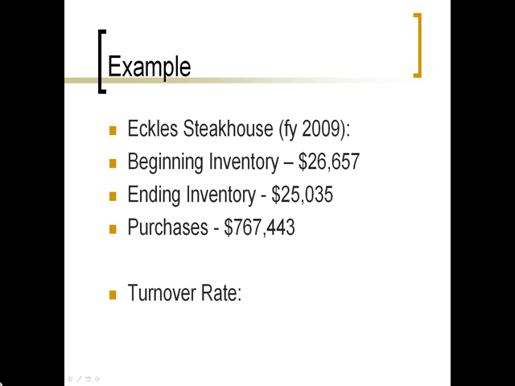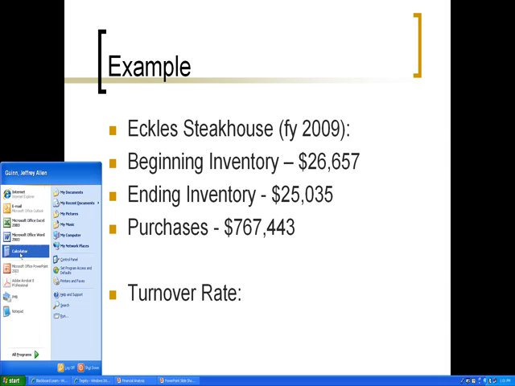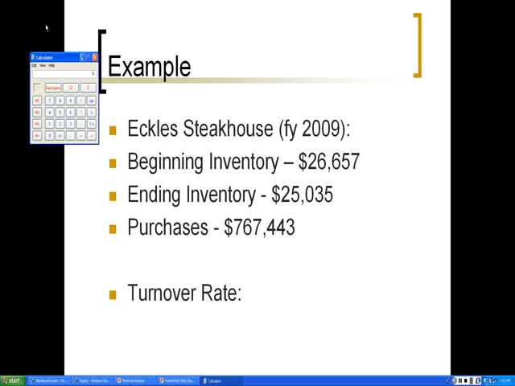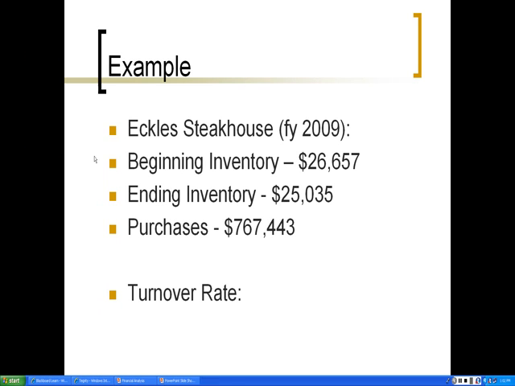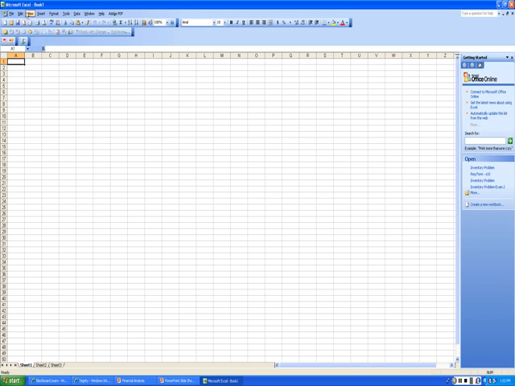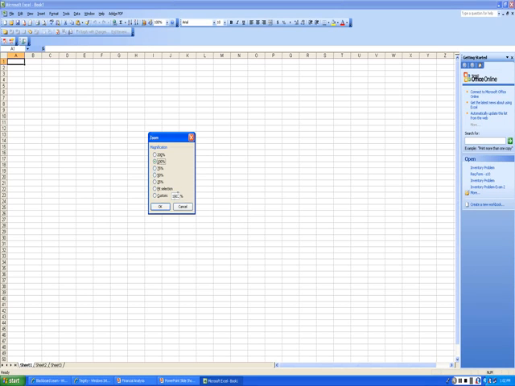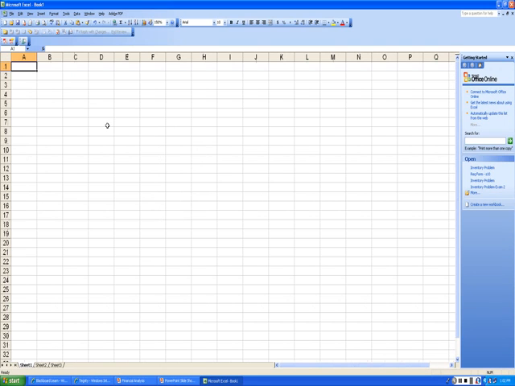So, calculator here. Actually, let's use Excel. Excel's such a more handy tool. So inventory turnover: we've got average inventory, beginning, ending, purchases.